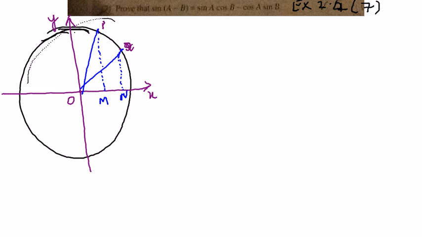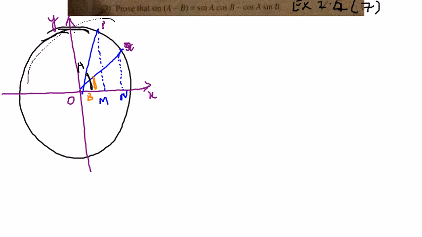Okay, so now you know that we have two angles. The big angle is angle A, and it is POX is angle A, and the small angle is angle B. It is QOX.